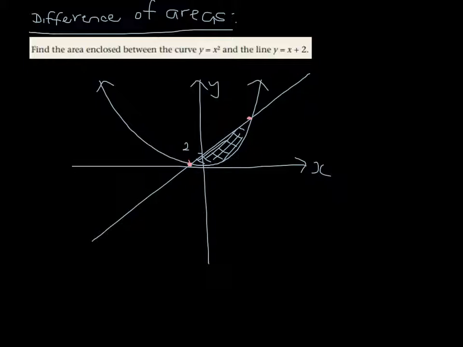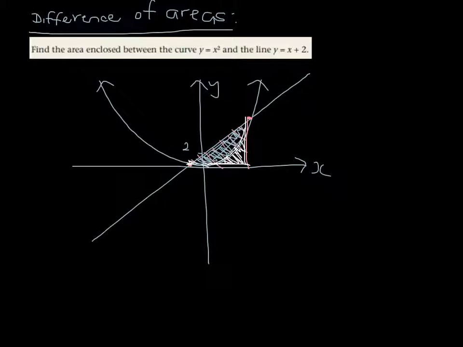Essentially we're finding the area under the line y equals x plus 2, and then the area underneath y equals x squared, and we minus the two to give the required blue area here.